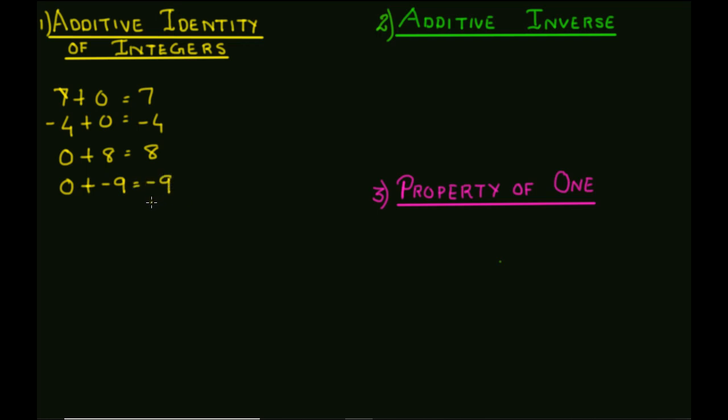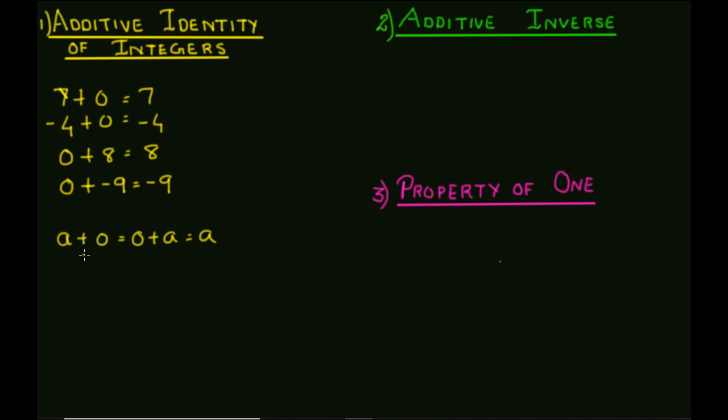So what do we conclude? We see that adding 0 to any integer does not change the value or identity of the integer. That is, if a is added to 0, a can take up any value. If a is added to 0, it gives you 0 plus a, which is a.